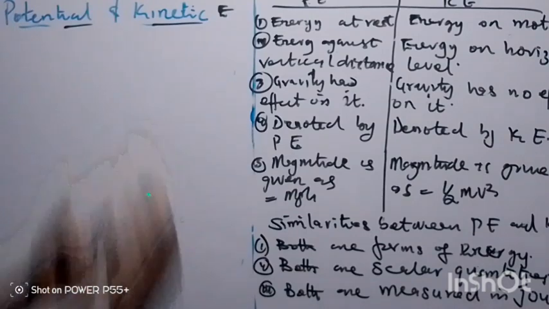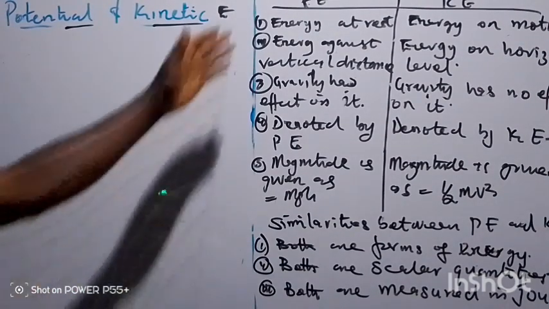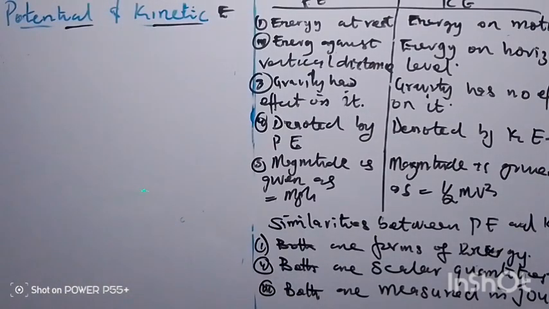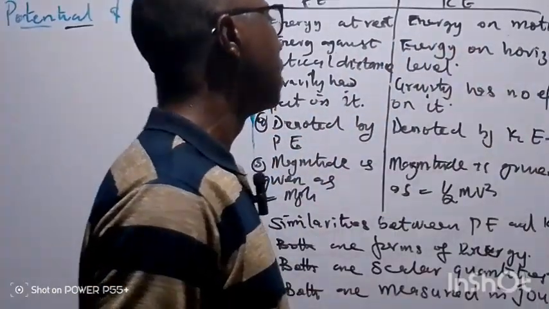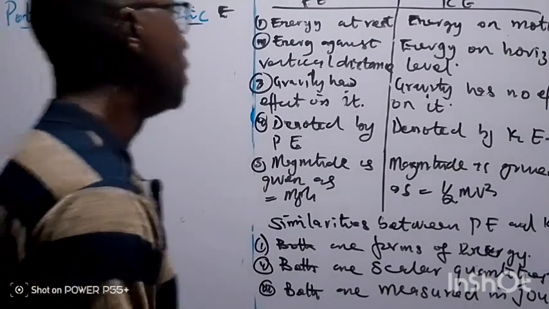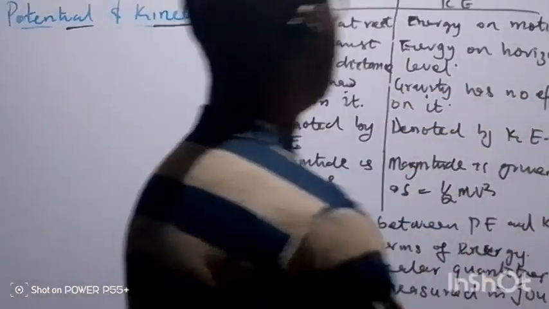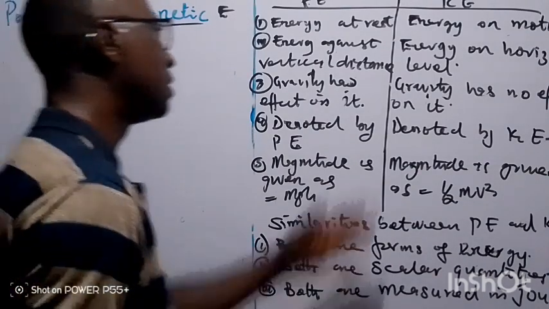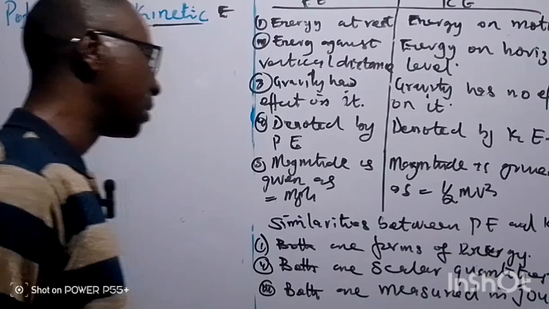And on the other hand, when you talk about kinetic energy, anything in motion is a typical example of kinetic energy, like a vehicle in motion, vibrating molecules, moving charges. So all those are typical. Anything in motion, in short, is a typical example of kinetic energy. That's for the examples of both.